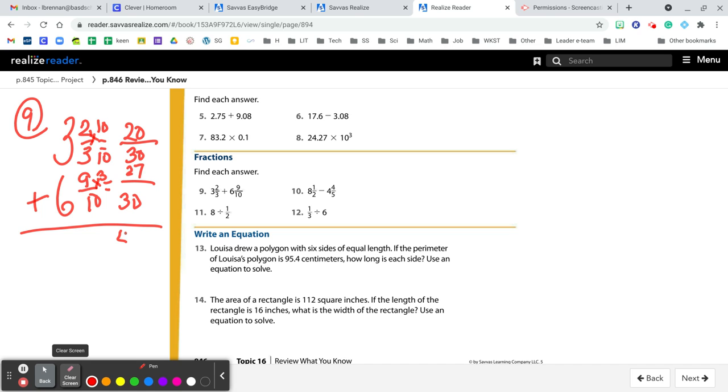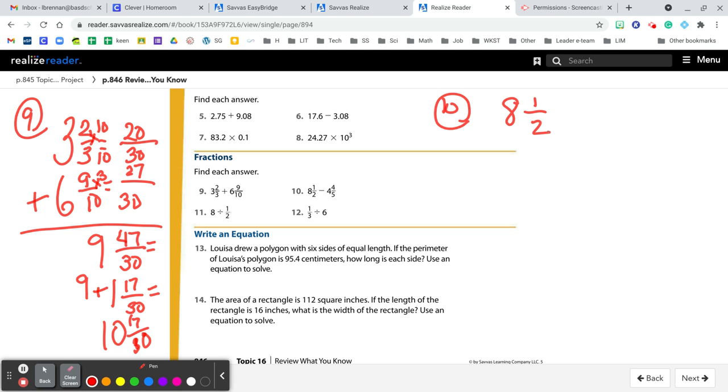We're adding. We have 47 over 30. 9 and 47 over 30. I'm going to reduce. 47 over 30 is equal to 1 and 17/30. So I'm going to add 9 plus 1 and 17/30, and I wind up with 10 and 17/30.